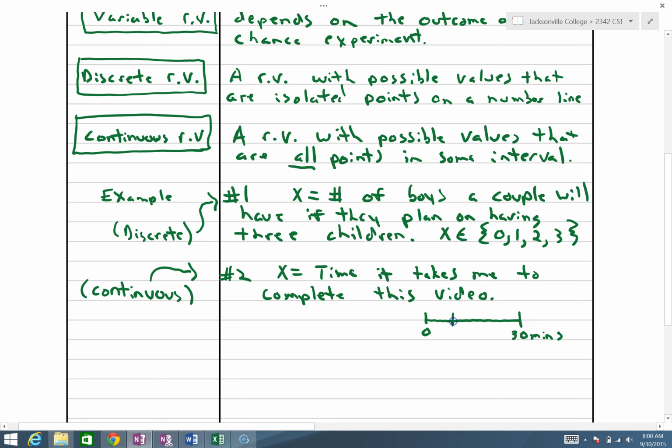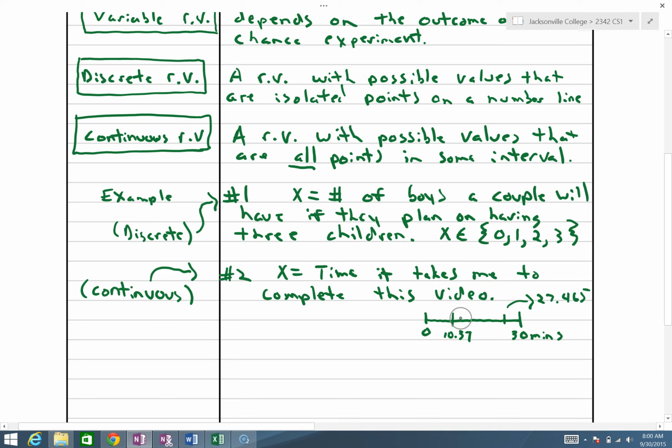Maybe this right here would be 10.37, and maybe this over here would be 27.465 minutes, and there are an infinite number of values on this number line between 0 and 30.